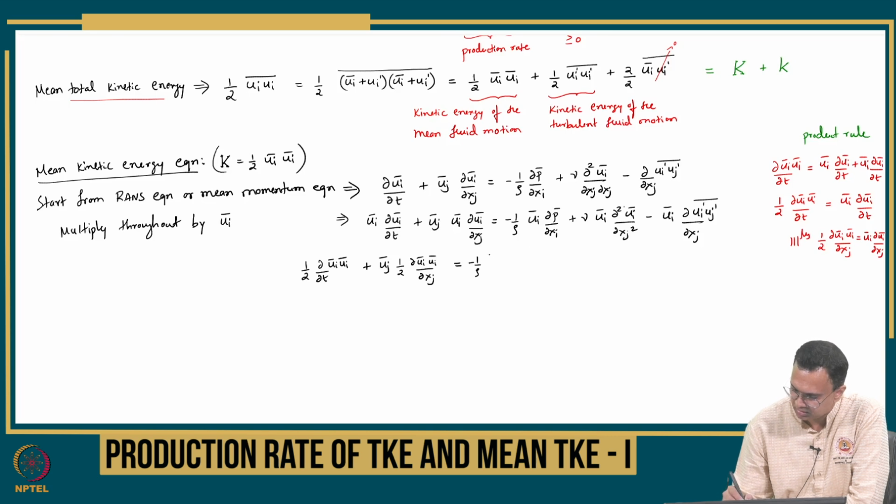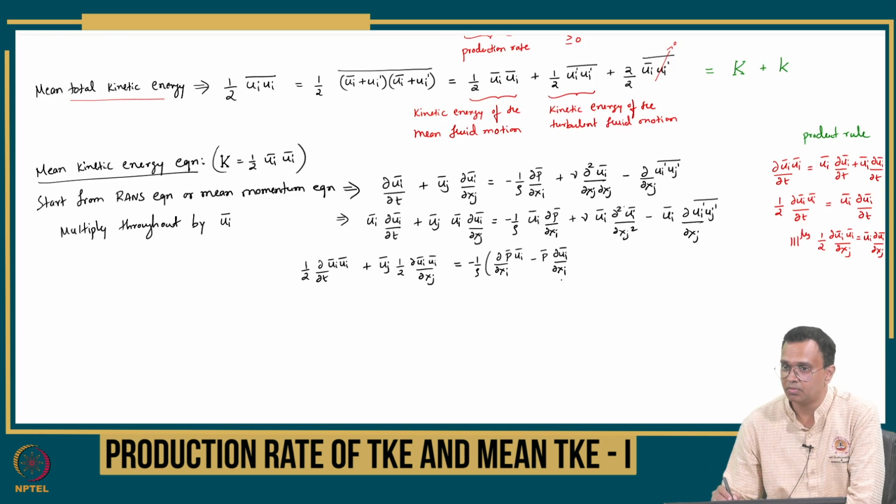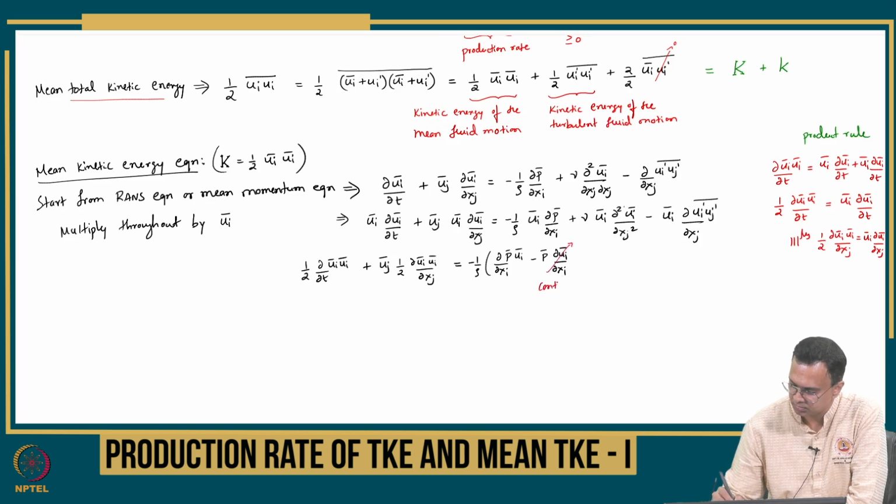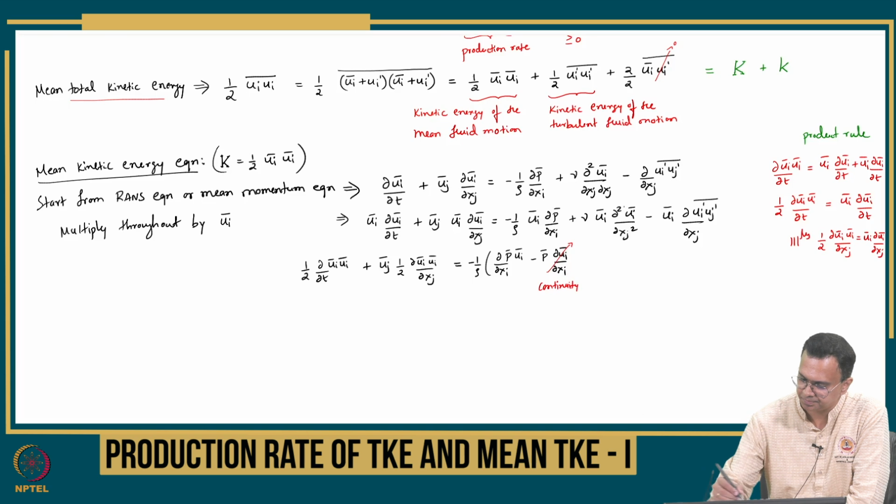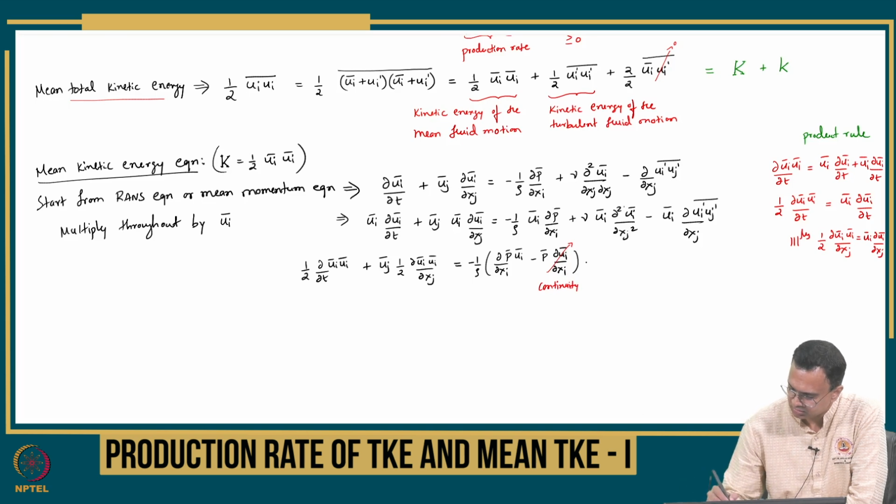That will give me dou by dou xi of p bar ui bar, plus minus p bar dou ui bar by dou xi. Does this term survive in an incompressible, constant density flow? No, right? Continuity equation. So this term goes away due to the continuity equation. So this is done, sorted.